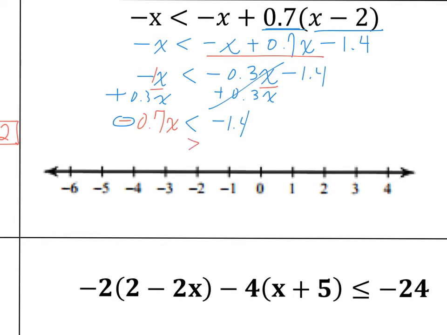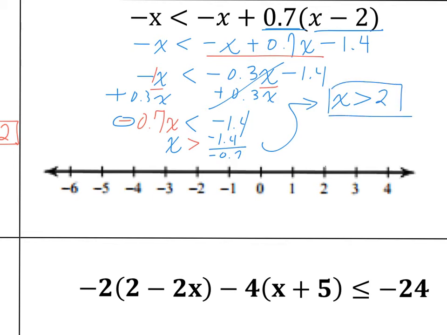So the next step would be -1.4 divided by -0.7. So this would be x greater than 2. And now we're going to graph this. Okay, open circle to the right.